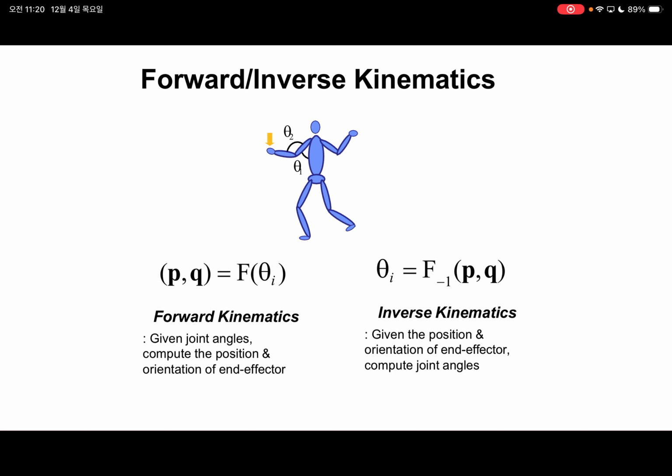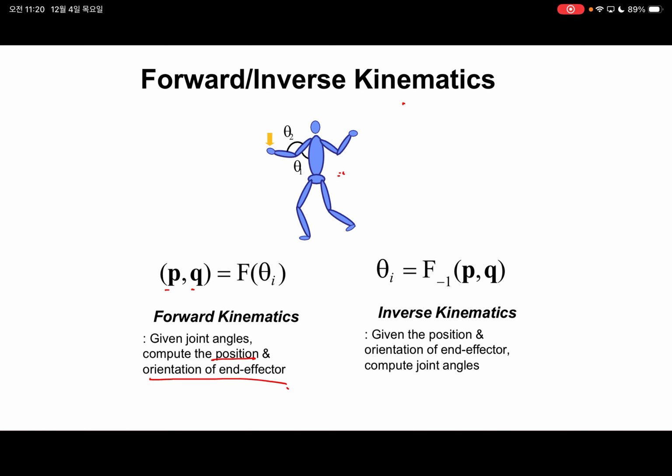And forward and inverse kinematics. So we learned the basics of the basic component of robot motion, which is 3D rotation. And using such 3D rotation, we are now trying to move the robots. That is about forward and inverse kinematics. Let's say we have this kind of robot, and theta is the joint angle, and P and Q are the position and orientation of the end effector.